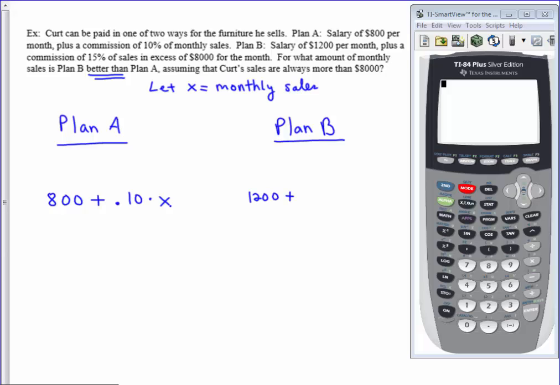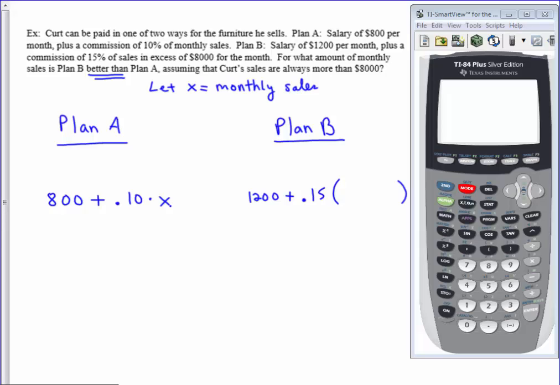Plan B is $1,200 plus 15% of the sales that exceed $8,000. We have to be careful here. The 15% would be 0.15, but we're not going to be multiplying by X. We would be multiplying by the sales in excess of $8,000. So let's say that he makes $8,001 for that month. He will only get 15% of the extra dollar.